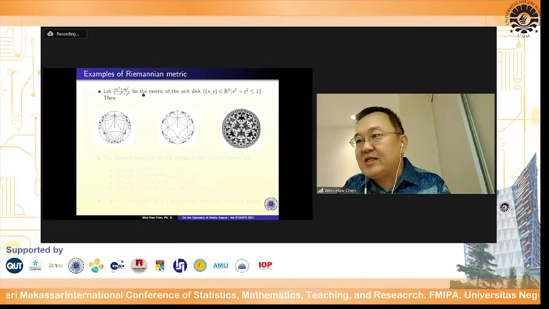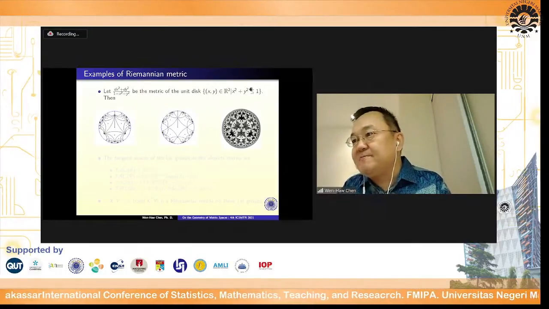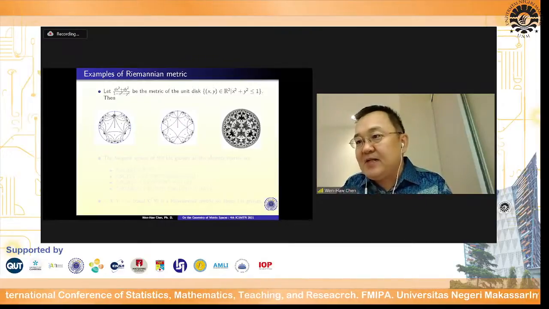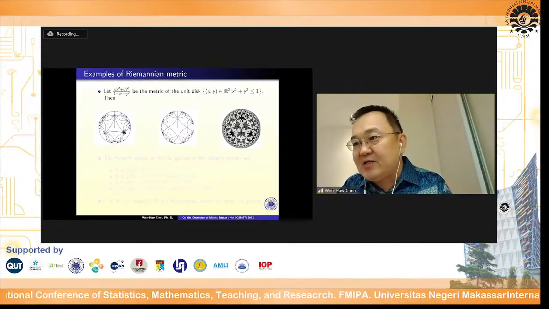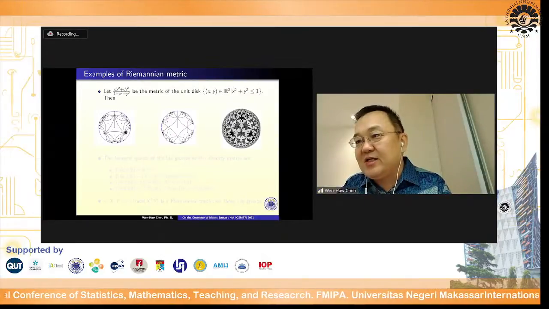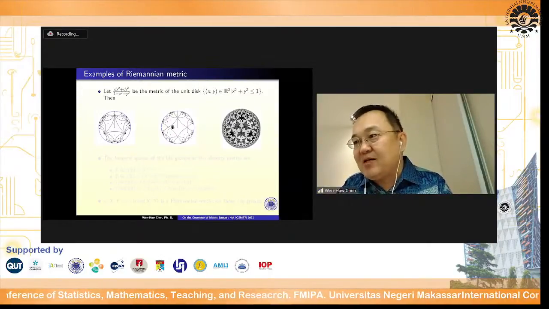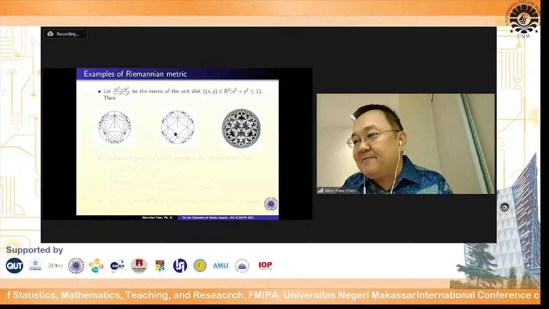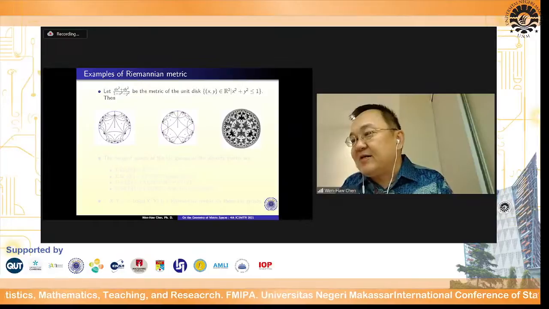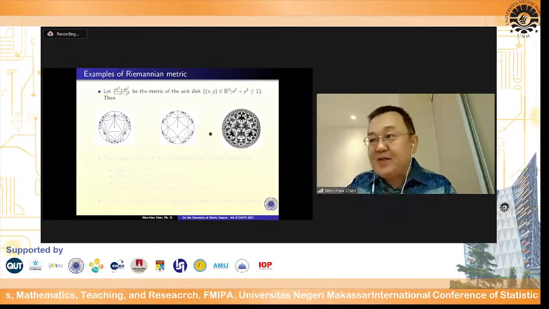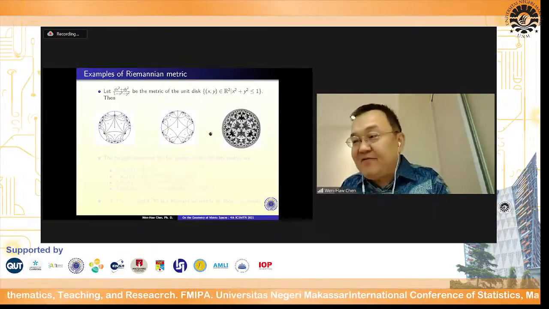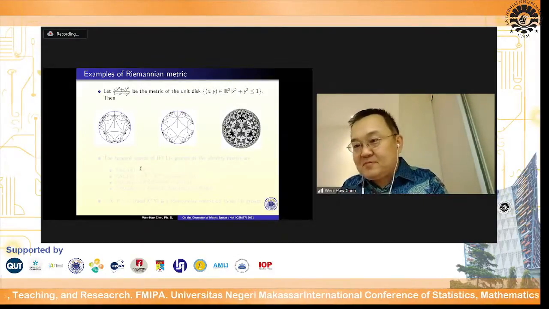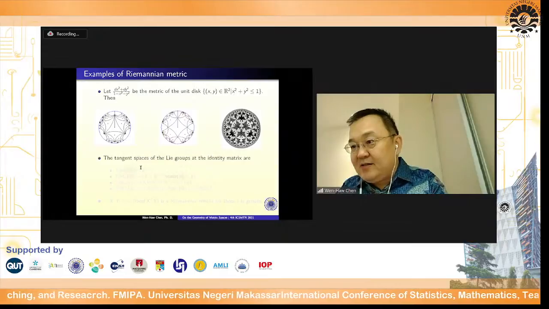If we use this as a metric on the unit disk, then the straight line is just like this, or the triangle in the space, or this four-sided figure. This is a very famous picture, Circle Limit IV by the painter Escher.